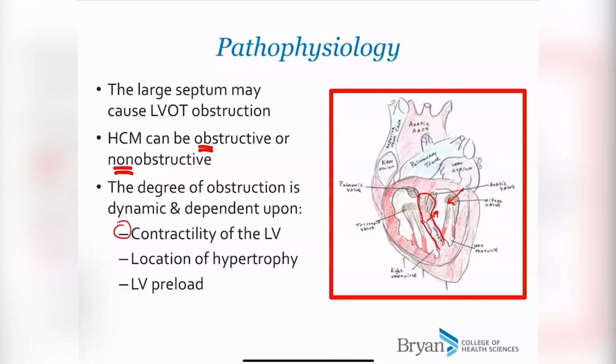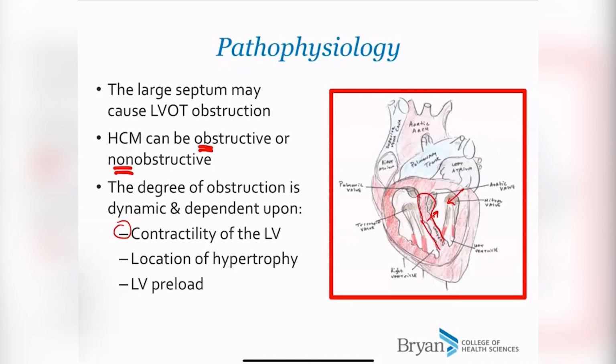So you can have an individual who maybe doesn't have a lot of sympathetic activation happening at that time. They might be non-obstructive, but then you create an event where there's increased sympathetic activation, or you give epinephrine, or some event happens where contractility increases, that becomes dynamic, and then your obstruction can develop.